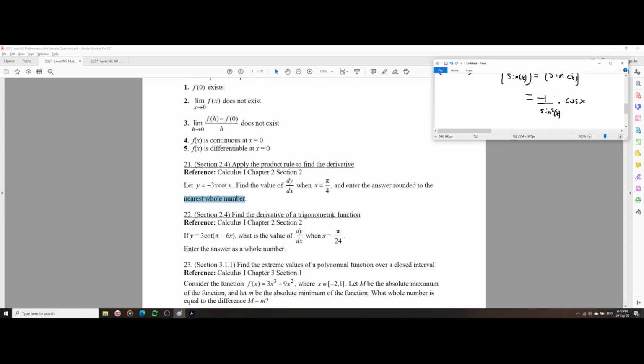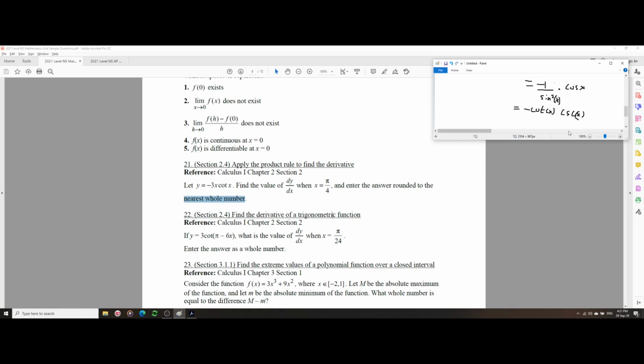Here, cosine over sine is cotan, so we can write minus cotan x, and then you're left with another 1 over sine, so that would be cosecant x.